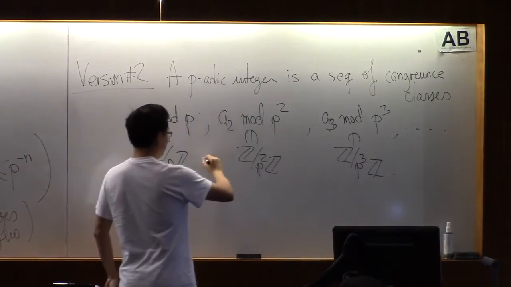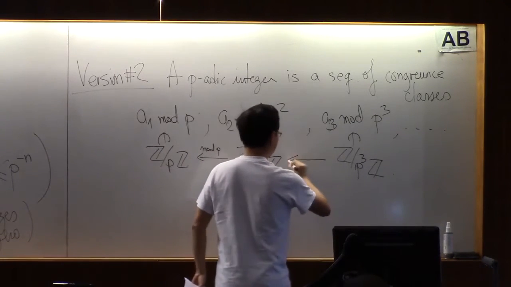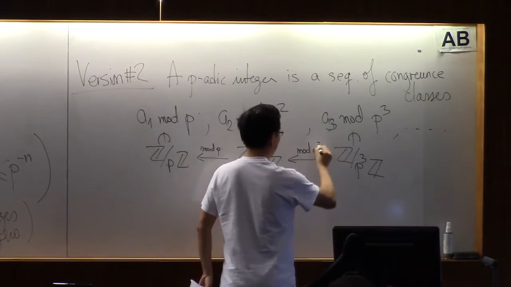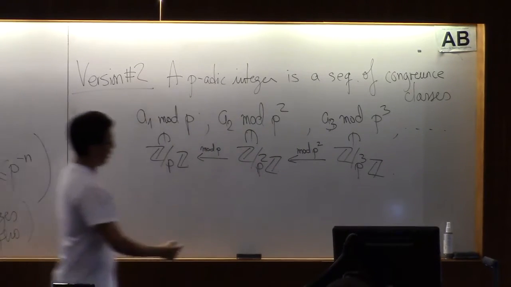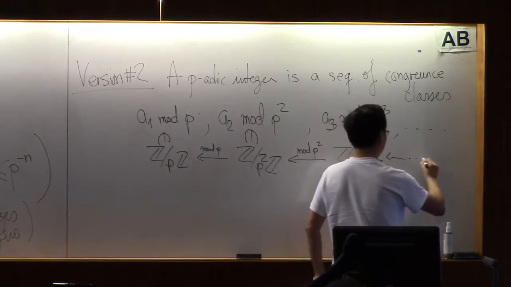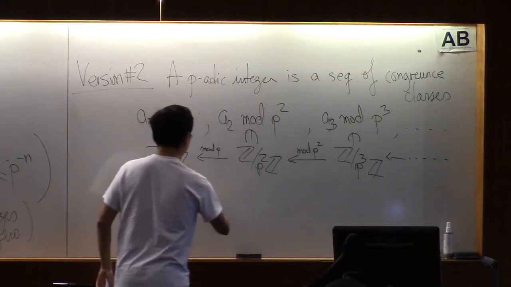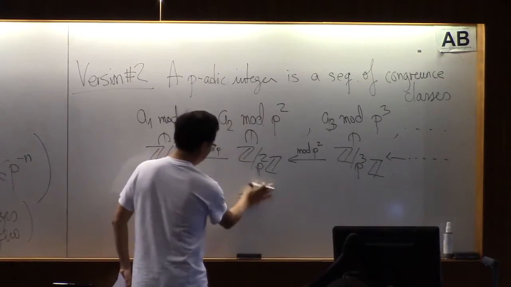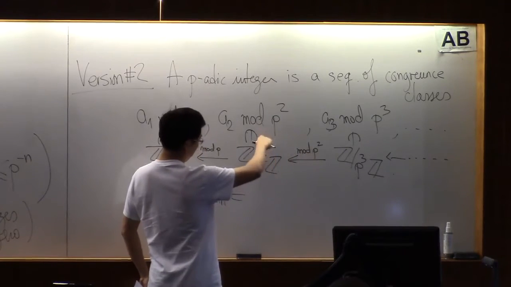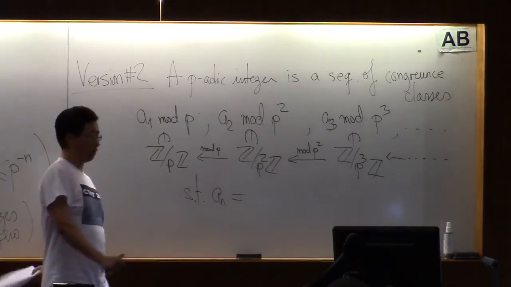And there are obvious reduction maps, mod p squared going in this direction. And what we're requiring is that a_{n+1} and a_n are compatible, for example a2 is given by a3 modulo p squared.